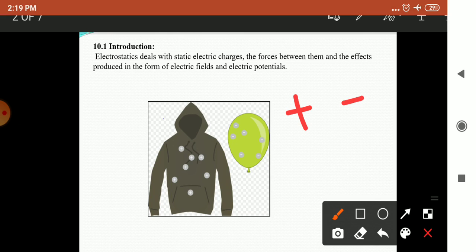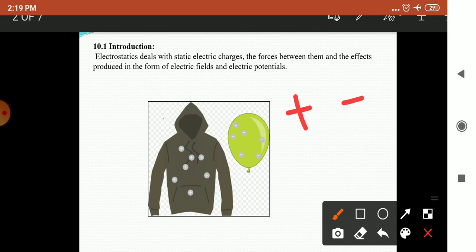Due to the dry day you can hear some crackling sound, and the sweater appears to stick to our body. This is because of the electric charges produced due to friction between our body and the sweater, right?